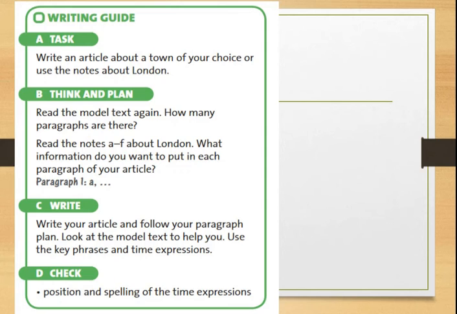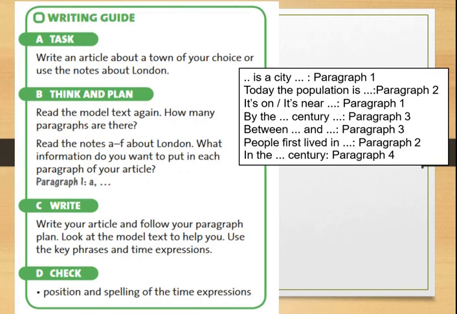Write. Write your article and follow your paragraph plan. Look at the model text to help you. Use the key phrases and time expressions. You may use this information to help you. Вы можете использовать данную информацию для написания вашей статьи.